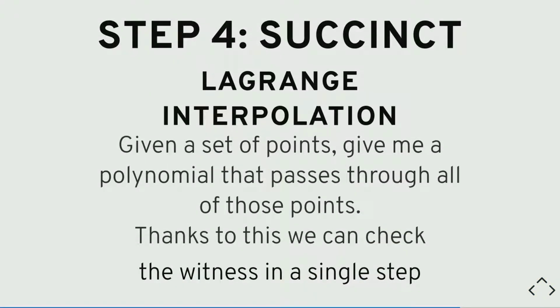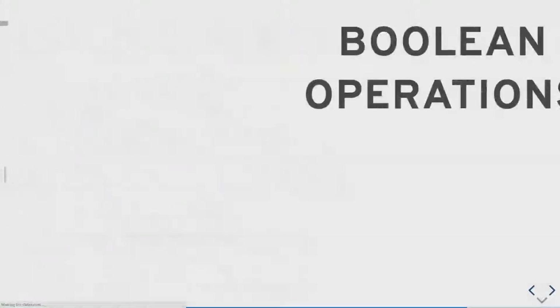So you do what's called Lagrange interpolation, which just allows you to turn all of those individual rank 1 constraints, which is one for each circuit, into a single one, and that's quite interesting, but I'm not going to go into that because it gets a bit complicated. Cool.